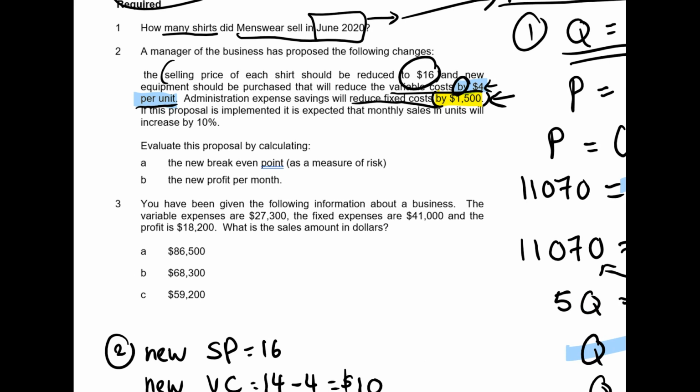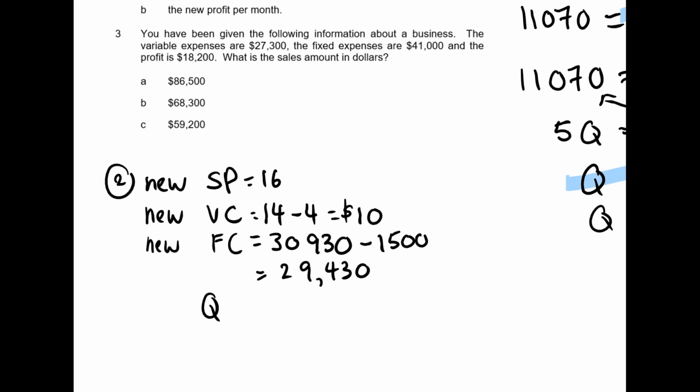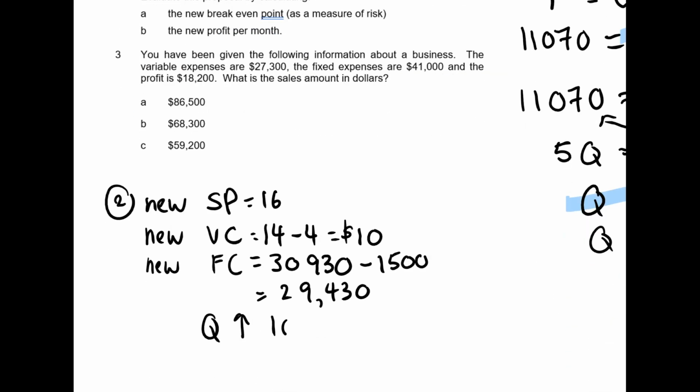If this proposal is implemented, it is expected that the monthly sales in units will increase by 10%. So we believe that your quantity will go up by 10%.